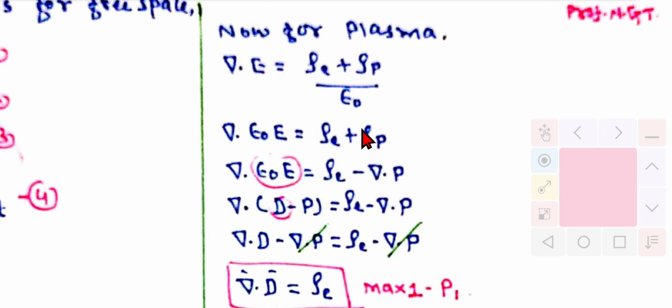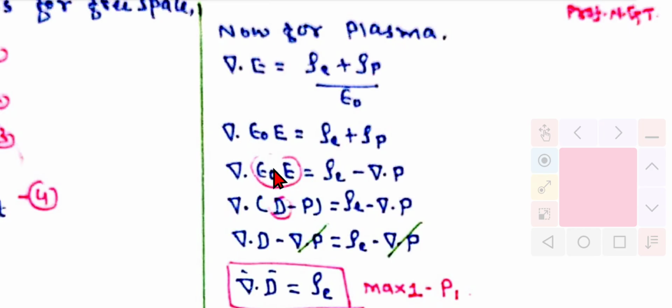Placing rho P equal to minus divergence of P, now the divergence terms are common, so del dot operator on both sides.